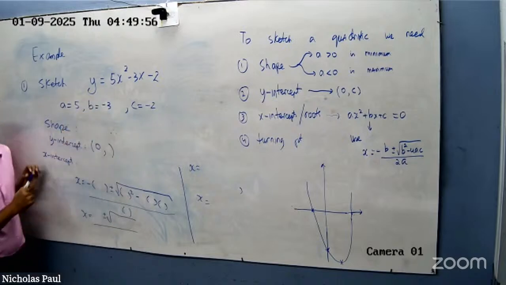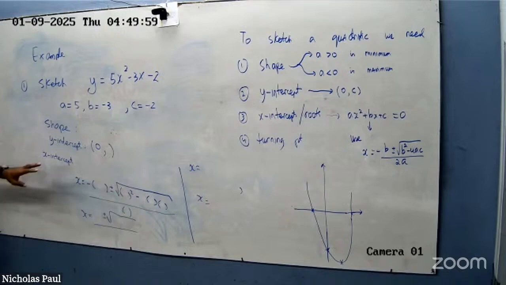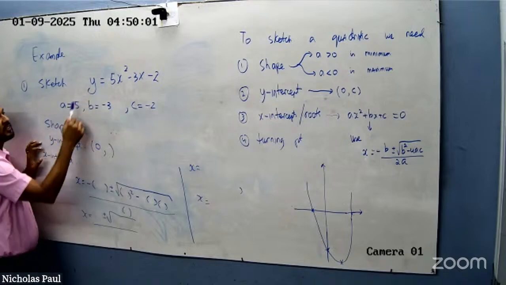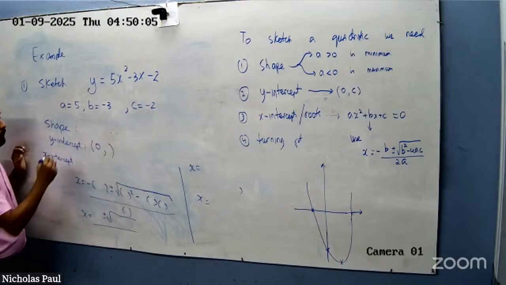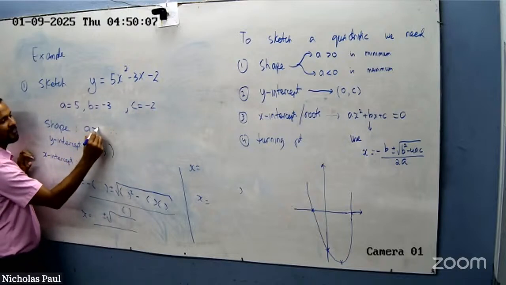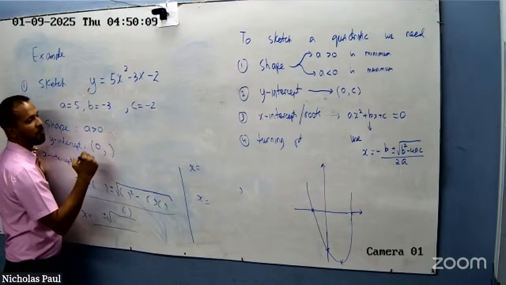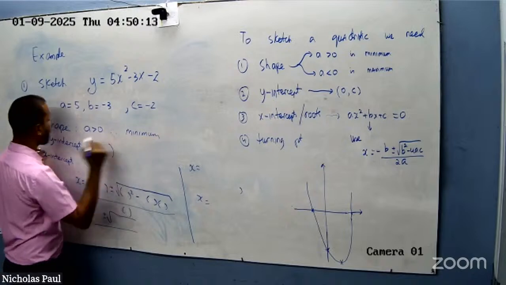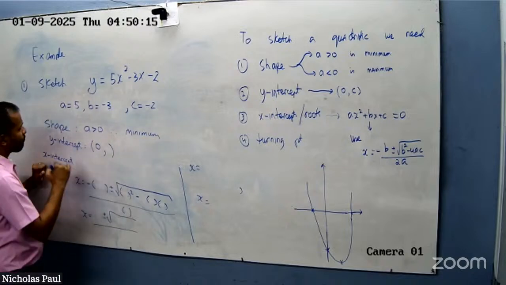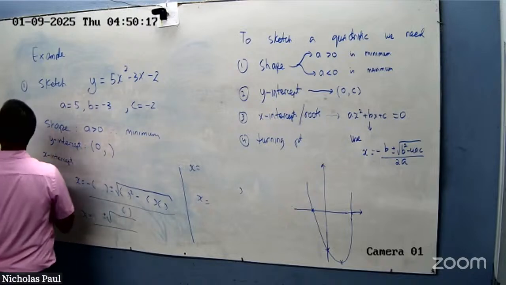A is 5, B is minus 3, C is minus 2. A is more than 0, so what does that mean? Minimum.